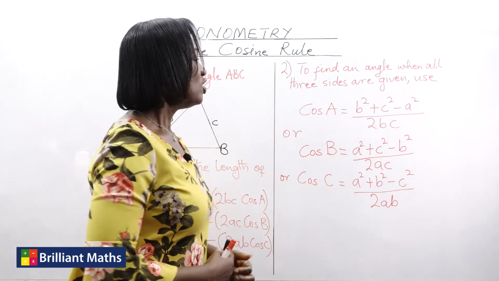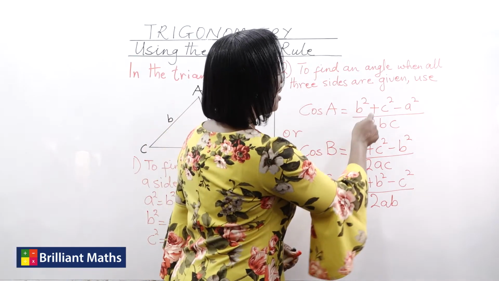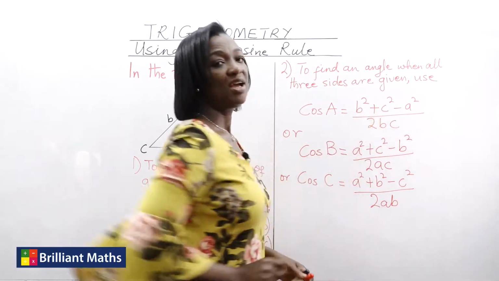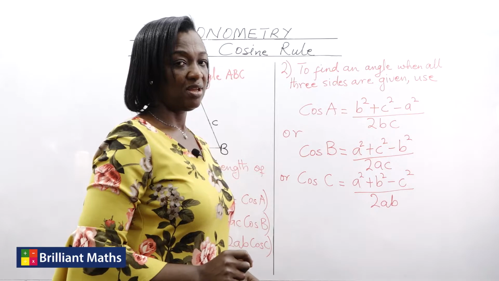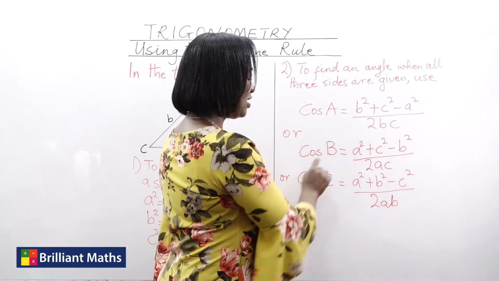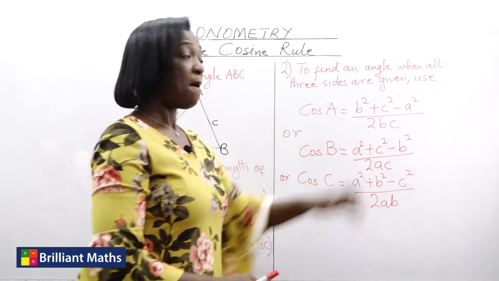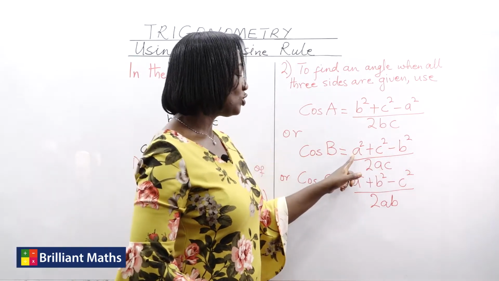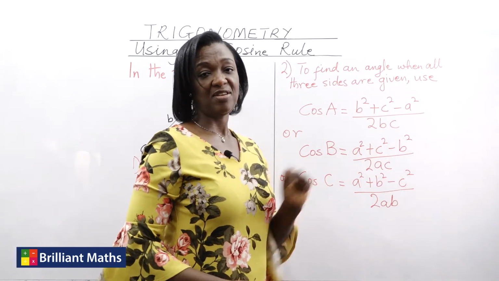Take note of that, so that your B squared plus C squared will also correspond with BC, the denominator. So cos B is equal to A squared plus C squared minus B squared over 2AC.